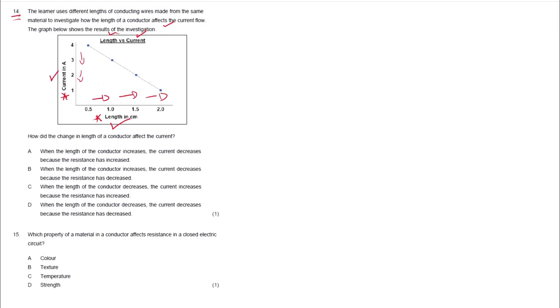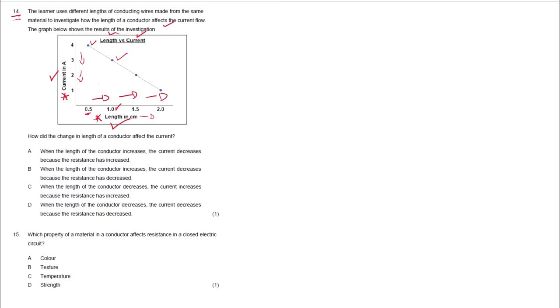So we can see here that when our length is on 0.5, our current was on 4, right? But then when our length increased to 1.0, our current then became 3. So it moved from 4 to 3. So this basically means that when the length increases, the current decreases.